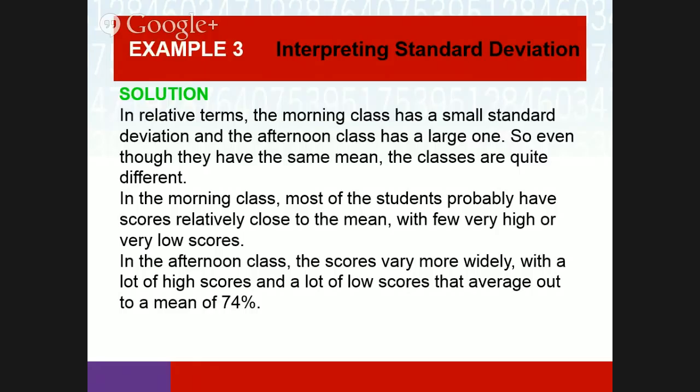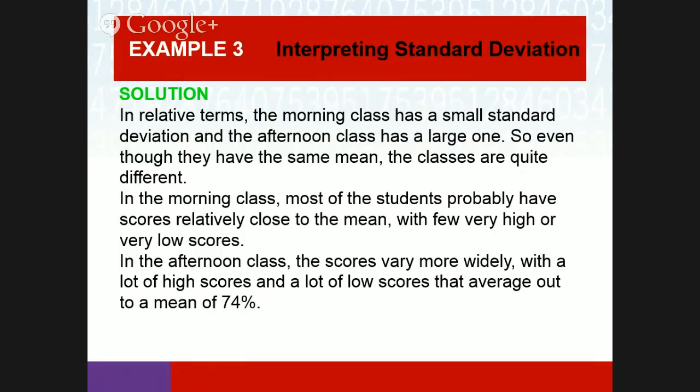Yeah. So if I have a lot of high scores and a lot of low scores, it's going to be more spread out. Whereas if all my scores are around this area, it's going to be a little tighter. There's not going to be that much variance. So I can have the same mean, just like with the dogs that all kind of weigh the same, and then the dogs where some were big and some were small. There were enough big ones in there to make the average the same as the top score, but the range was much larger.